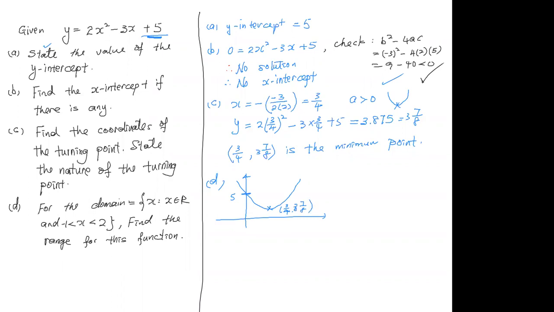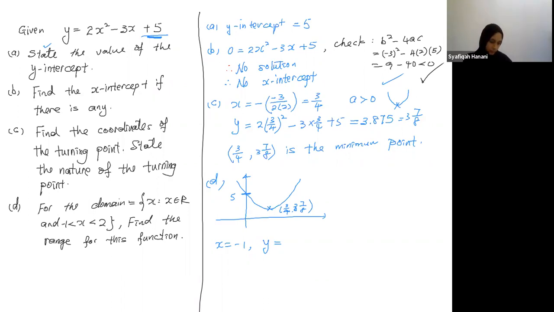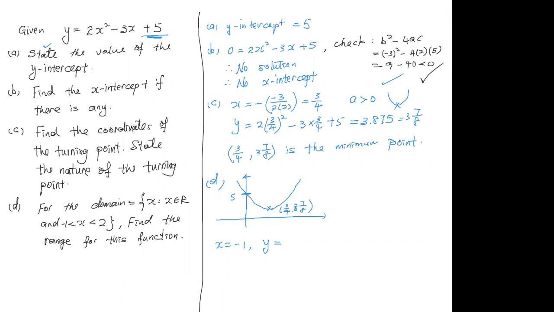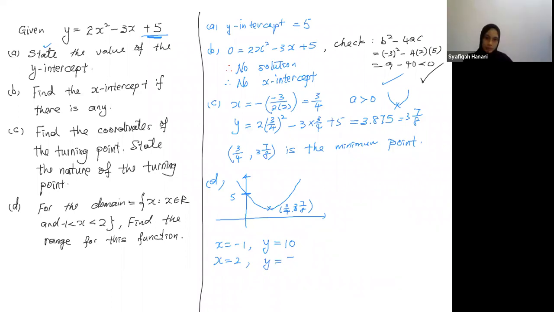So when I talk about my domain, I want to plot the graph from -1 to 2. So I need to find when x equal to -1, what is y? Can you please find? 10. 10, I trust you. Okay, when x equal to 2, what is y? 7. Okay.